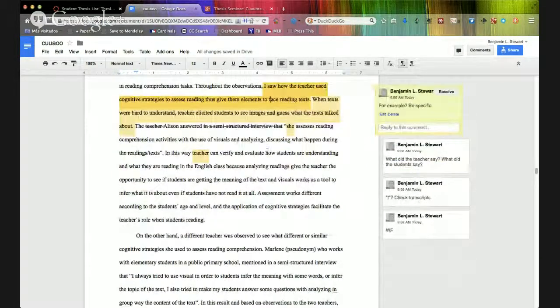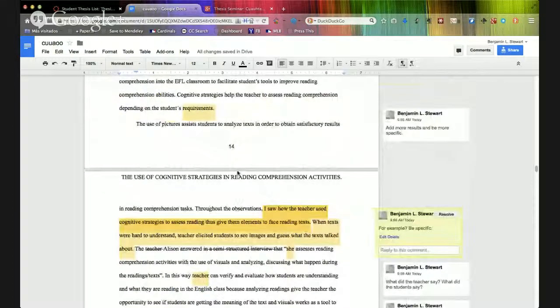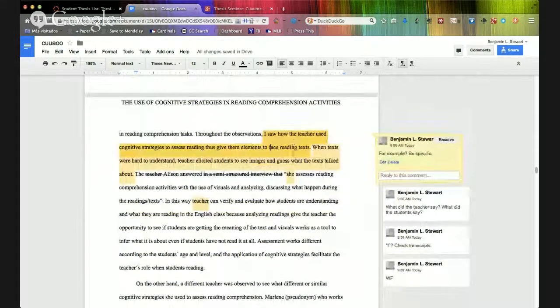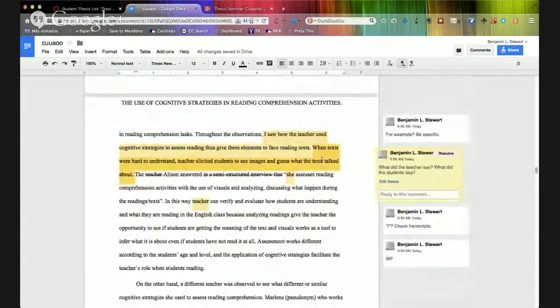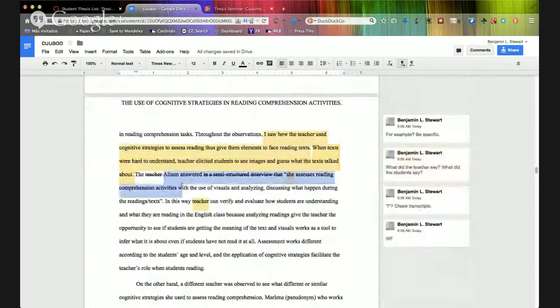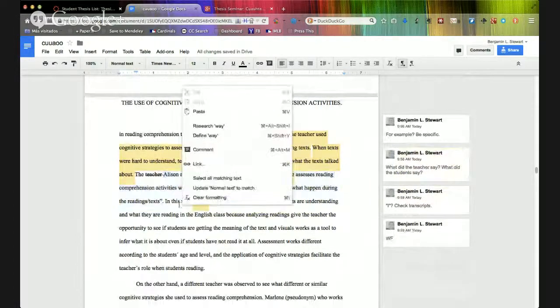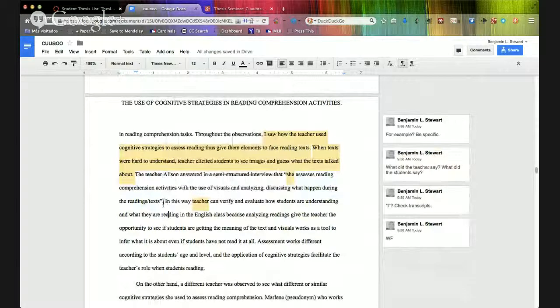So this is the idea here. Now, let's look at these sentences. This is evidence. This is evidence. This is evidence. And you have one analyze. And then there should be a linking sentence.